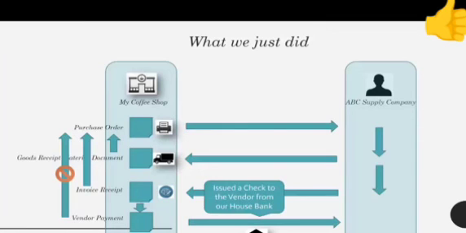So let's recap what we have done in this video. We have received an invoice from the vendor, one or two of them, and now we have paid the vendor. We have used the transaction code F-53, entered the bank account number, entered the amount that we wish to pay, and then entered the vendor.